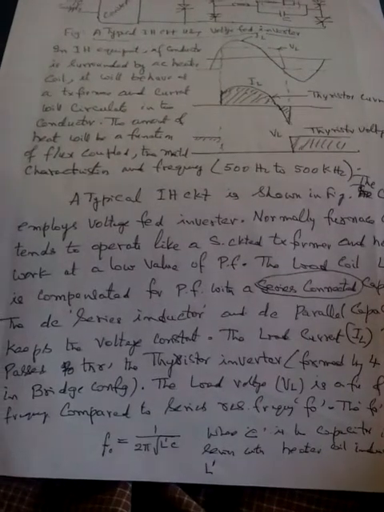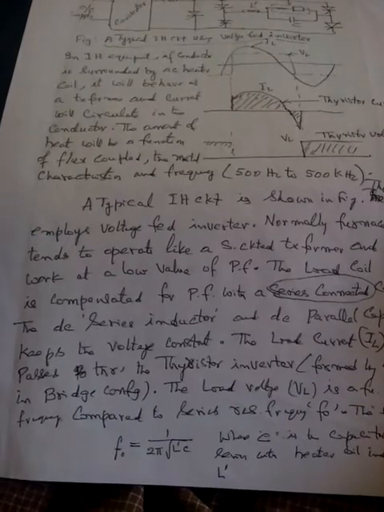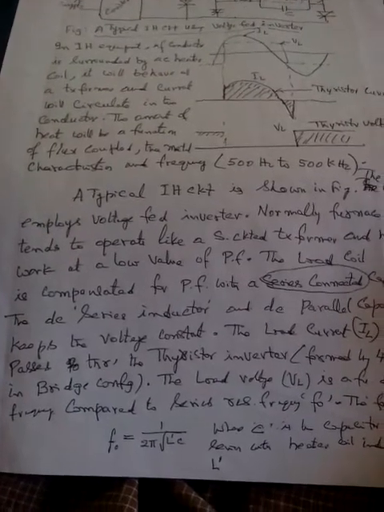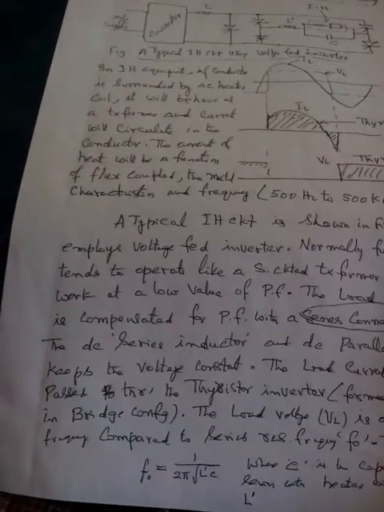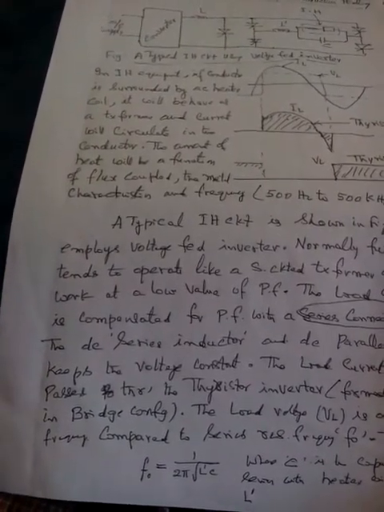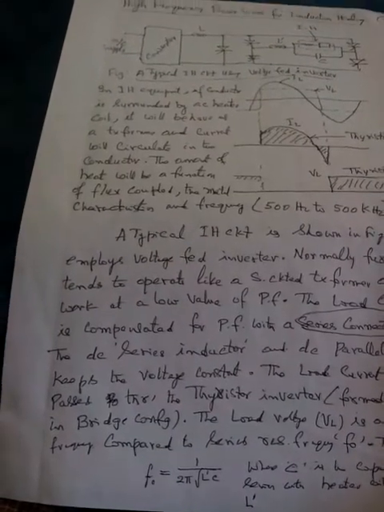Okay, so 1 by 2 pi square root of L dash C determines the resonant frequency. It generates a resonant frequency that produces heat.